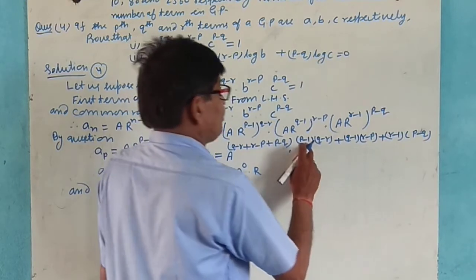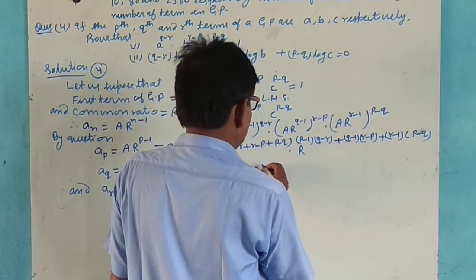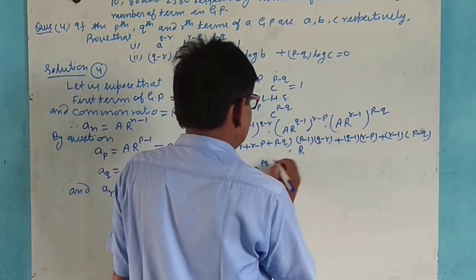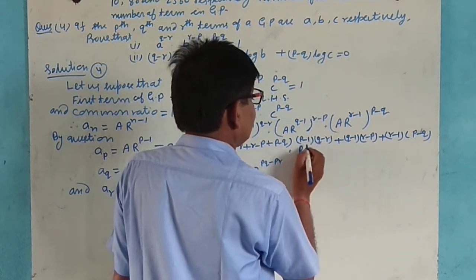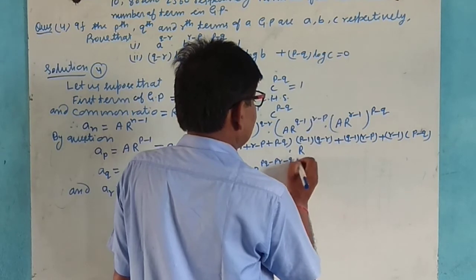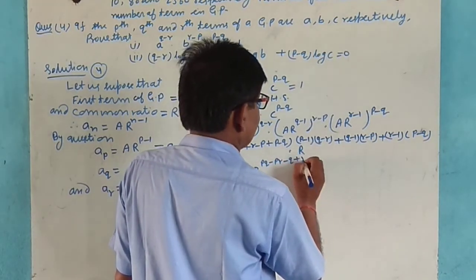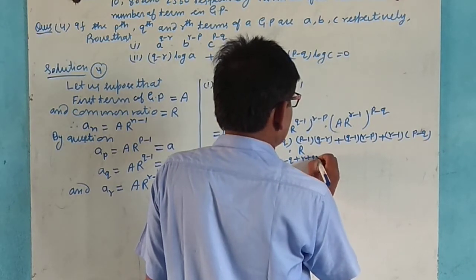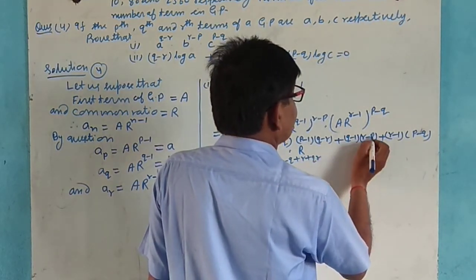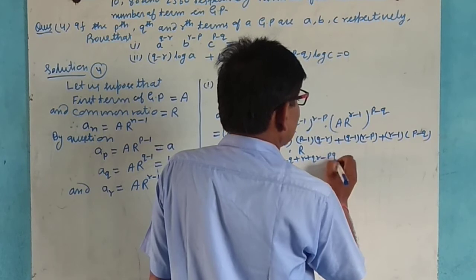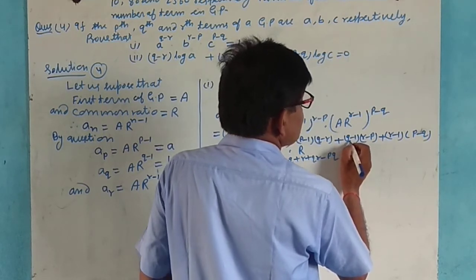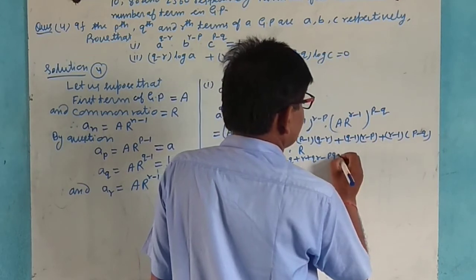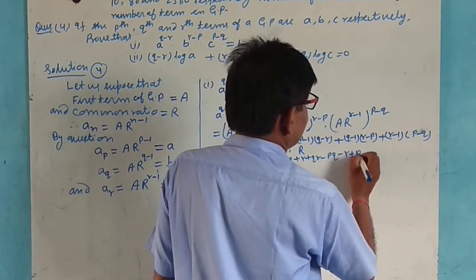In this case, multiply: pq minus pr minus q plus r, then qr minus pq minus r plus p.